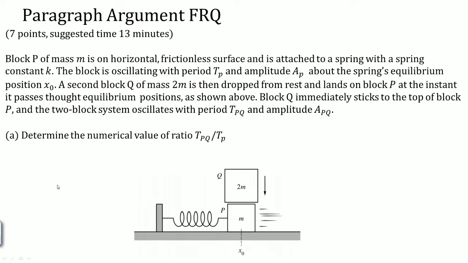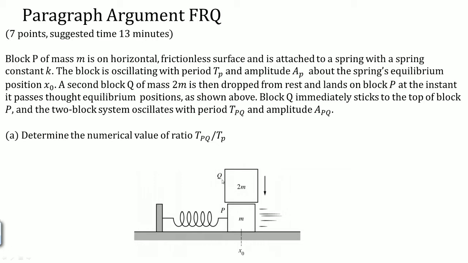What's basically happening is that this is a simple harmonic oscillator with a block with a mass M, and it oscillates at A_P and minus A_P. And there's a period, which is T_P, which is what it's normally oscillating with.